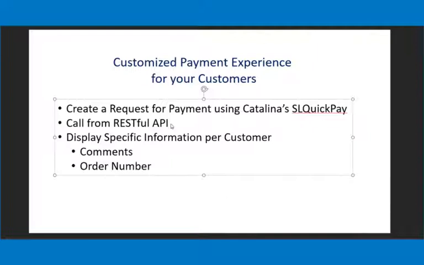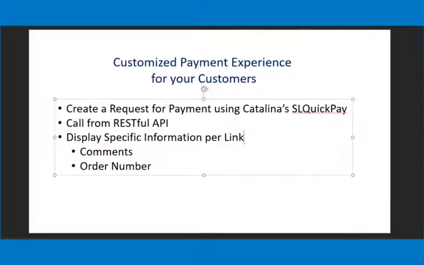But in this case, we're just going to show the RESTful API, and we're going to display some specific information for the payment link, and it shouldn't be per customer, but per link. So this way, anytime you generate that link, you can say this link is for this, with these additional metadata that you may want to show.